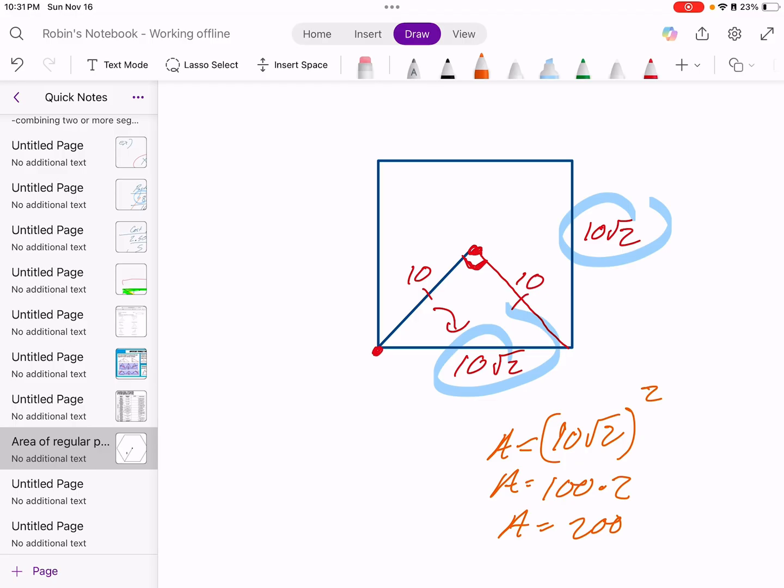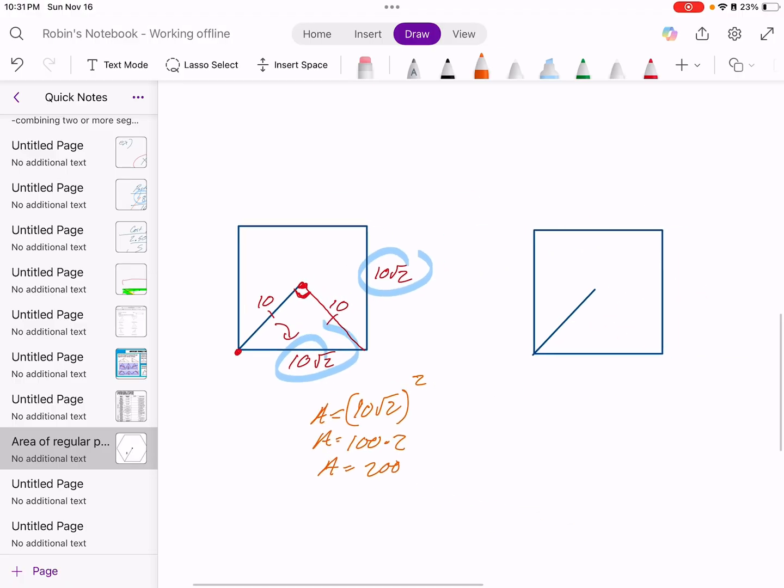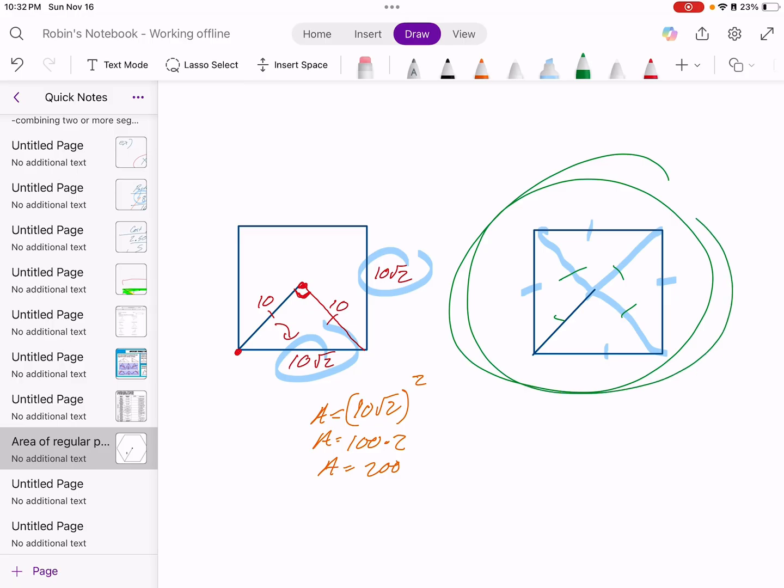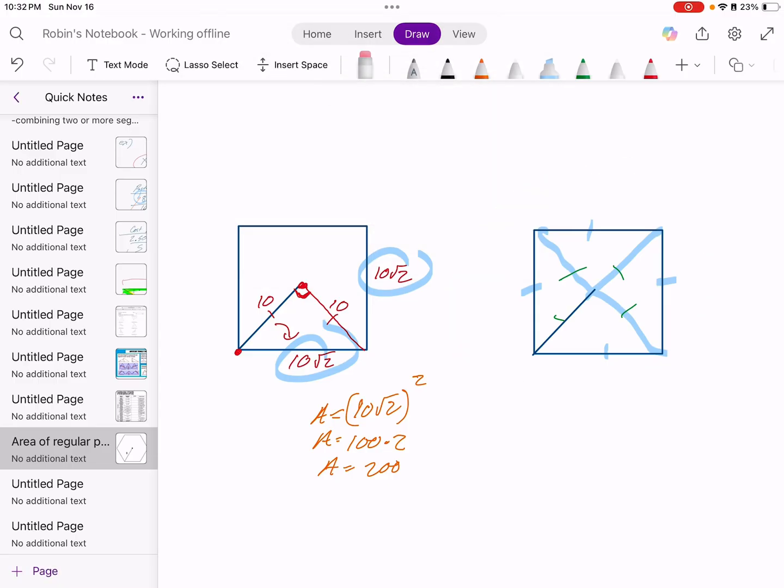Now, this is not the only way to do it, but it is a way that you can do it with the right triangle trig that they're going to be expecting you to show. I'm also going to give you a reminder that if this is a rhombus, and all of those are radii, which means they're all a part of the diagonals, you've got something else that you can do with this, and I'm going to encourage you to discuss with your classmates what is another way that you could find this exact same area without necessarily using the trig.